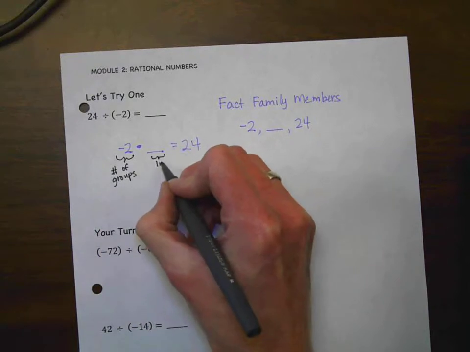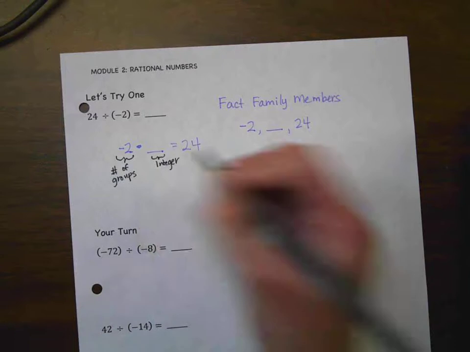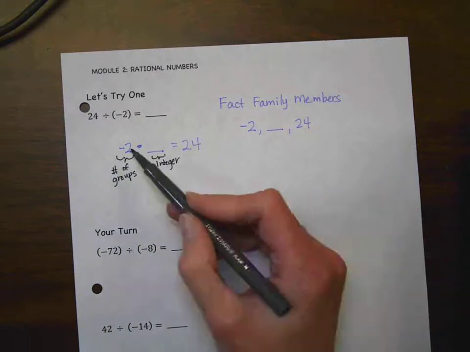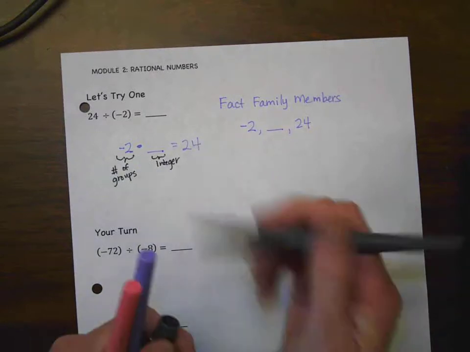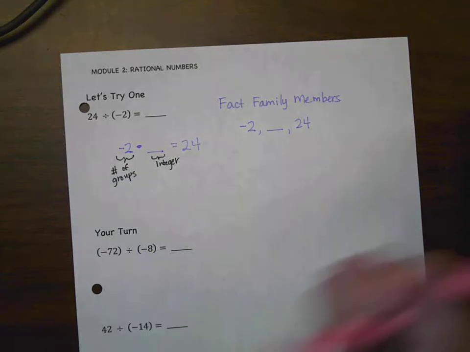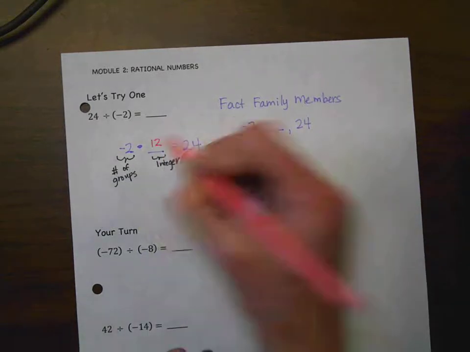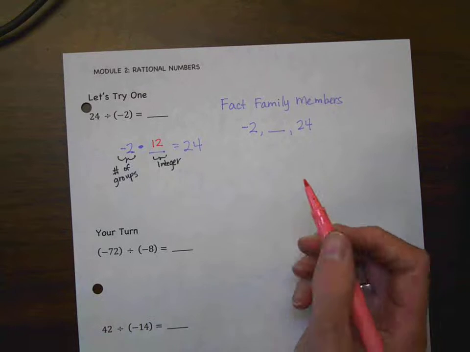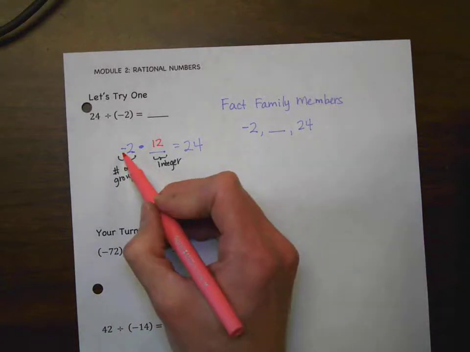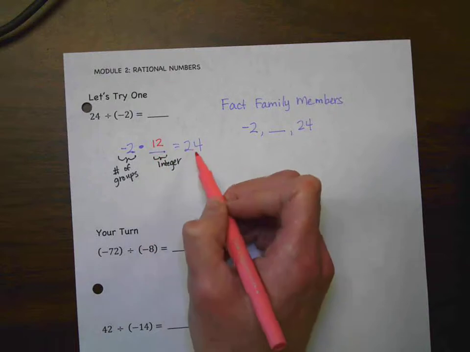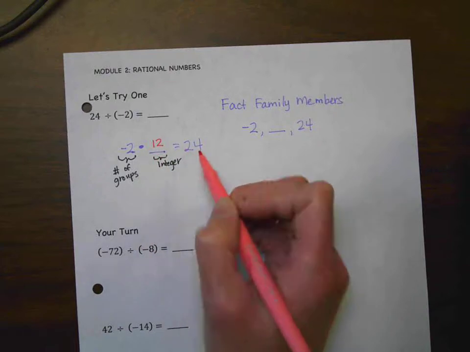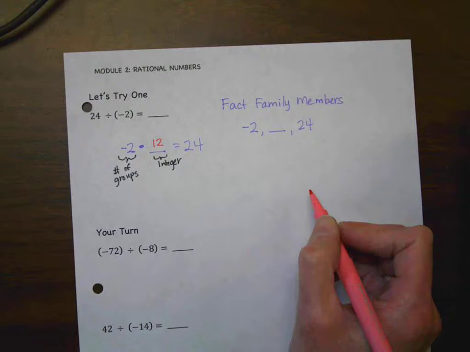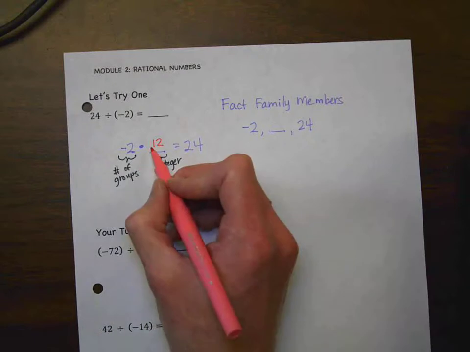And this right here is the integer. And so I can ask myself in my brain, what number times 2 equals 24? Well, I think that it is 12, so I'm going to put a 12 right here. And then we have to be careful because it says that I have negative groups, or -2 groups of 12 gives me the remaining, so the chips that are left on the table are going to be positive.